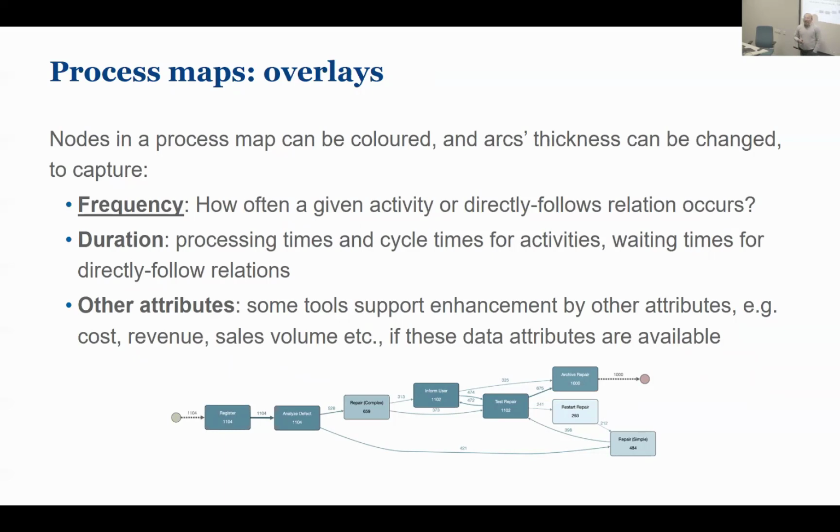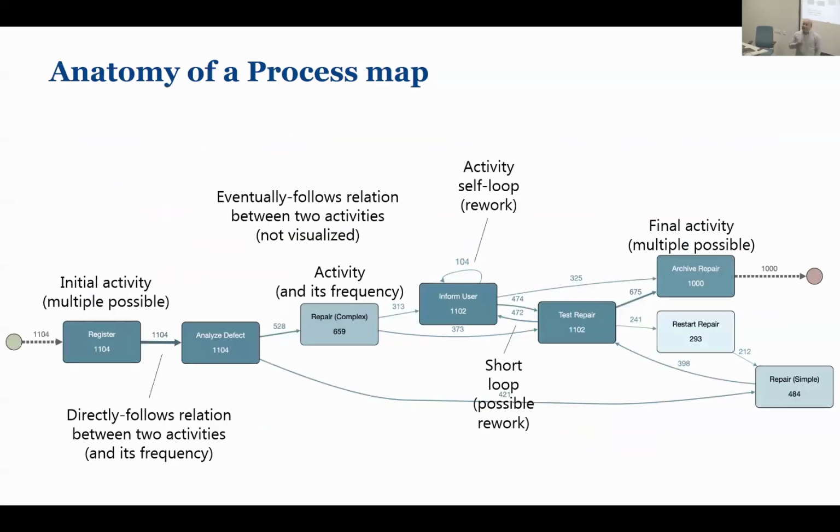In a process map, you will typically overlay some performance measure. And you will ask yourself, why is it that some boxes here are darker than others? Some are light blue and some are dark blue.